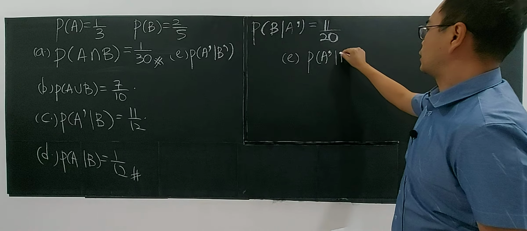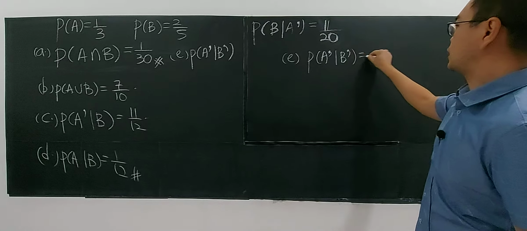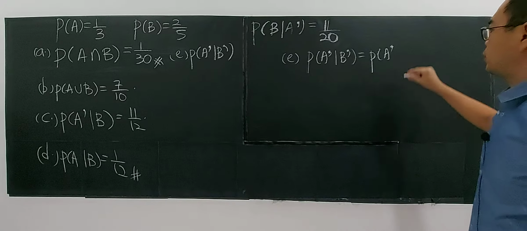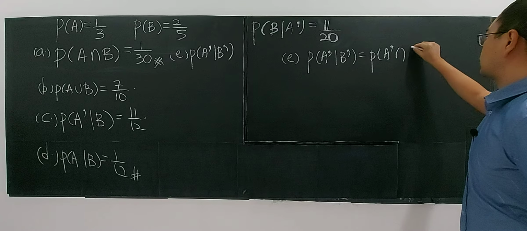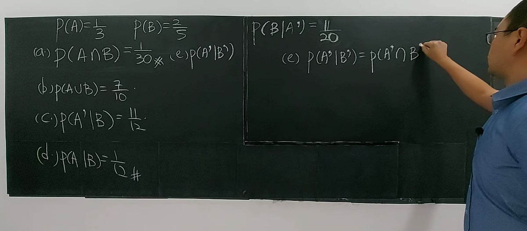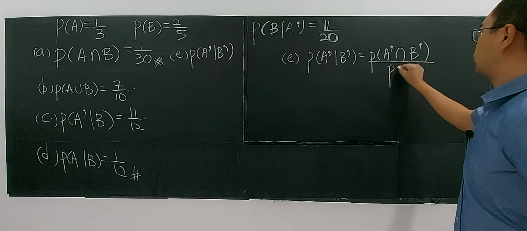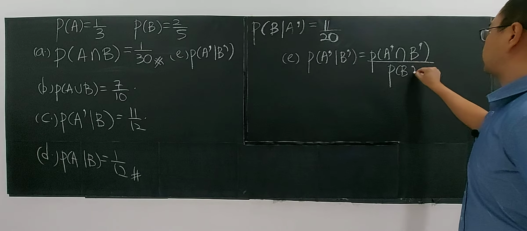A given B prime is the intersection of complement of event A with the complement of event B, divided by the probability of B prime.